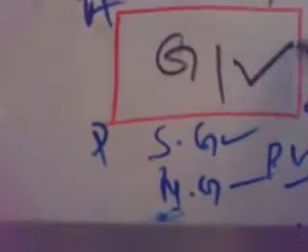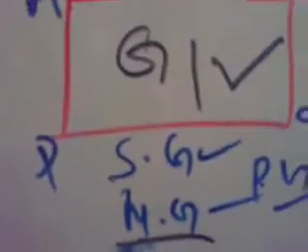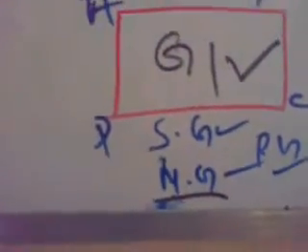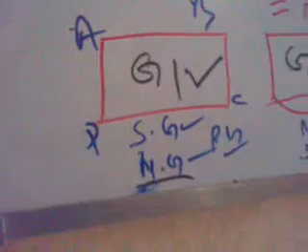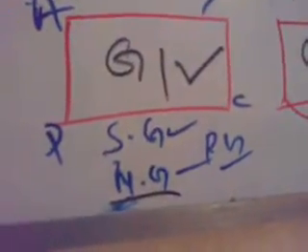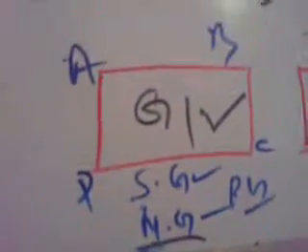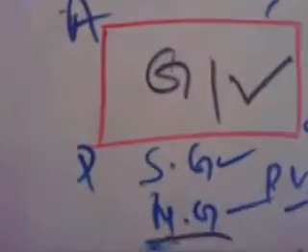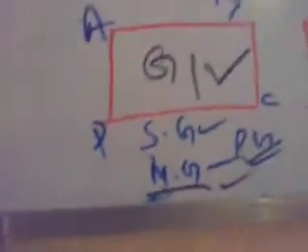Graph G1 is a simple graph, and it is also a multigraph, because in this graph there are no parallel edges and no loops. So we can say it is also a pseudograph. So every simple graph is a multigraph as well as a pseudograph.